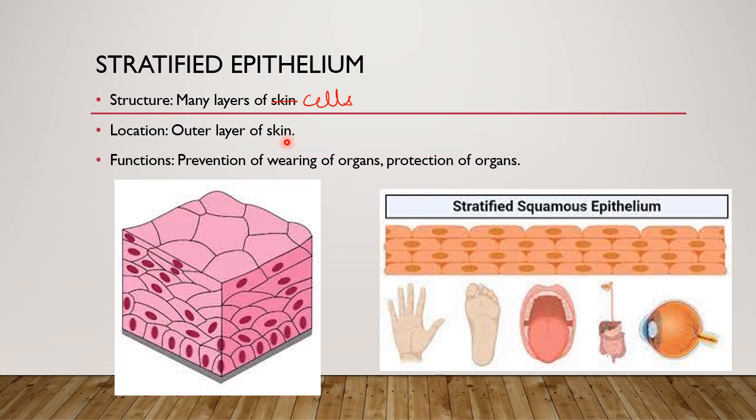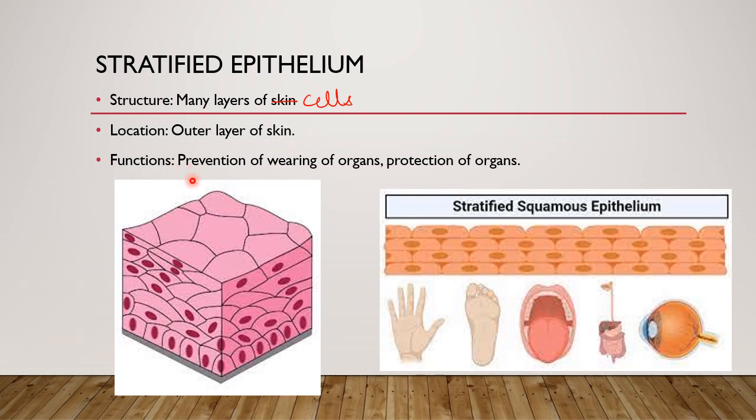Now you must have heard that our skin sheds, but we cannot see it. The dead cells are worn out. That is why we have to have a bath every day. So imagine, if the skin had only a single layer, that is squamous epithelium, then every time the skin would be exposed, no? So that is why stratified epithelium is present, so that it has many layers. So location, it is the outer layer of the skin.